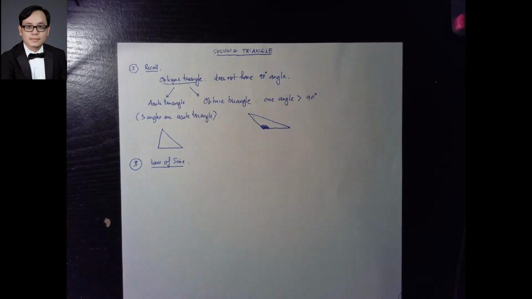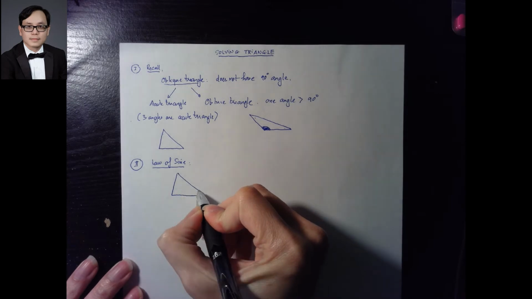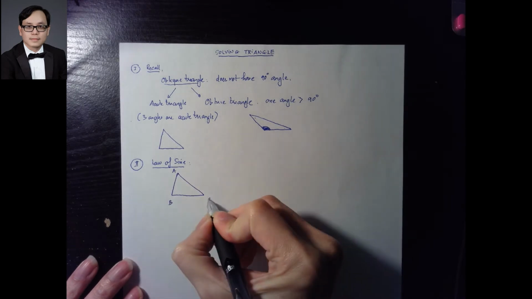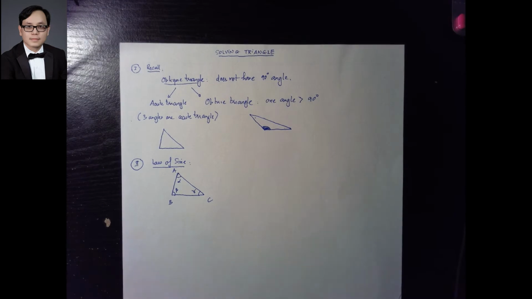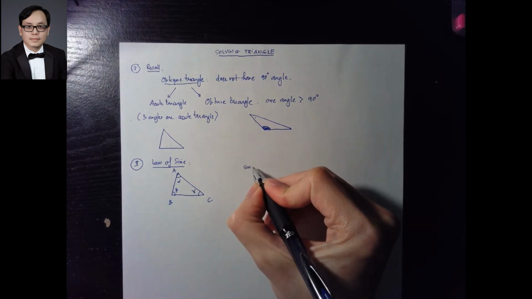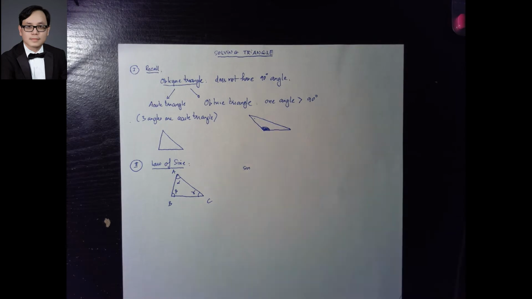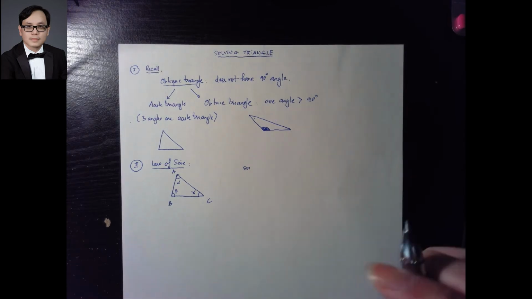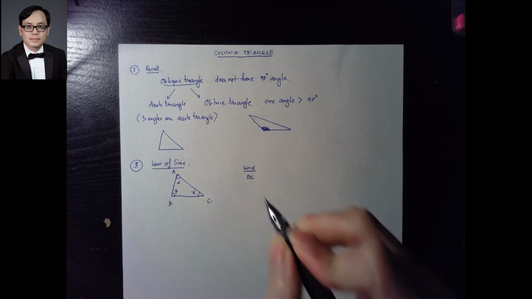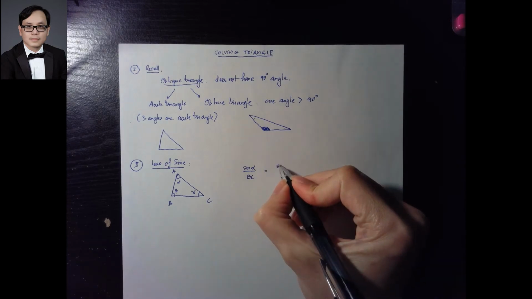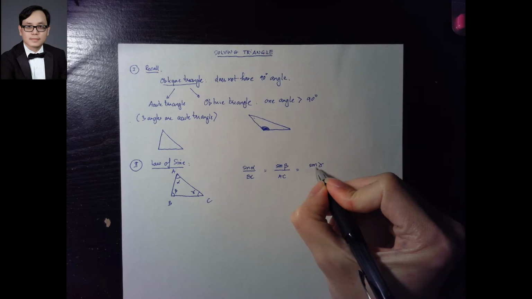Now, what is the law of sines? The law of sines states that given an arbitrary triangle ABC, with angles alpha, beta, and gamma, sine of alpha over BC is equal to sine of beta over AC, equal to sine of gamma over AB.